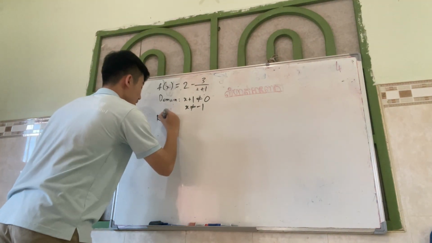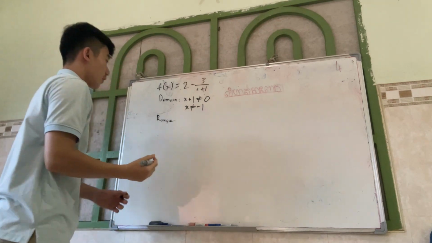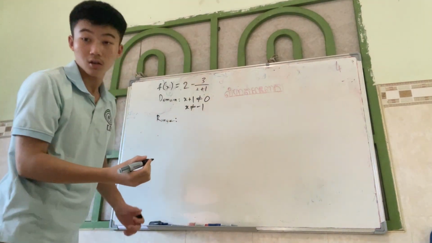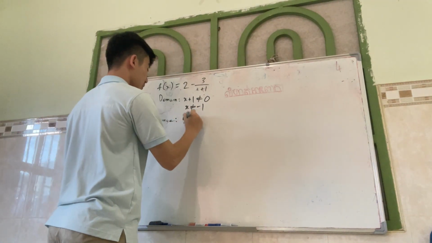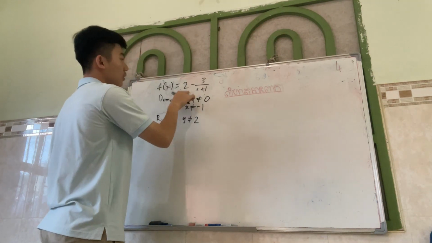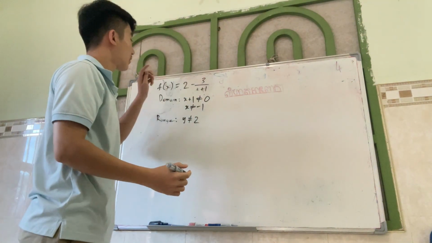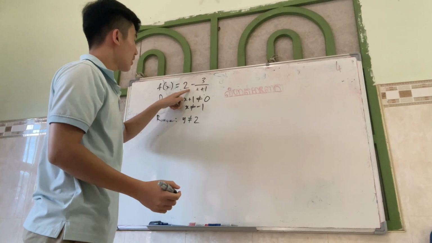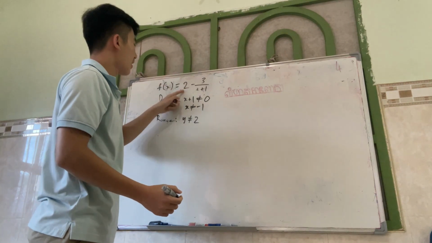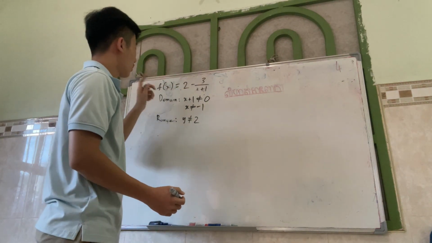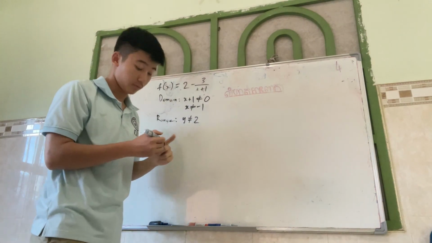Now we find the range. The range cannot be 2 because 2 is here. When we add or subtract from 2, it will be higher or lower than 2. So y cannot be 2.